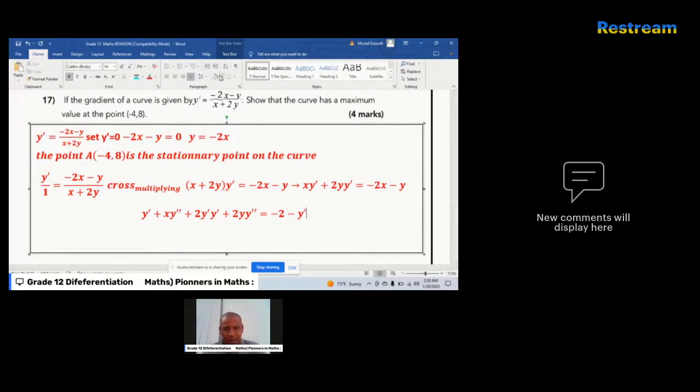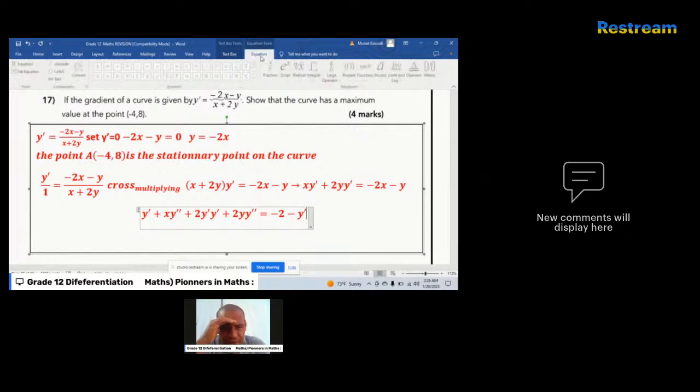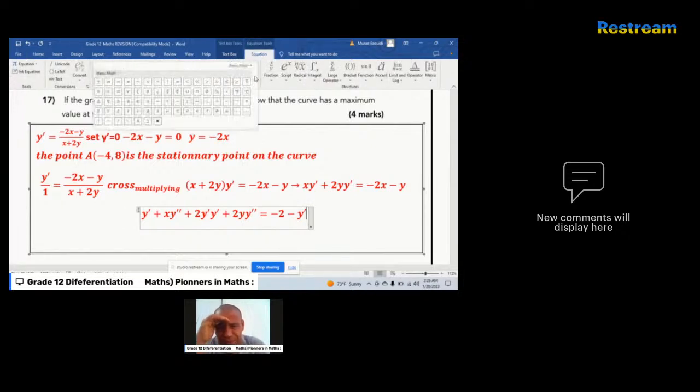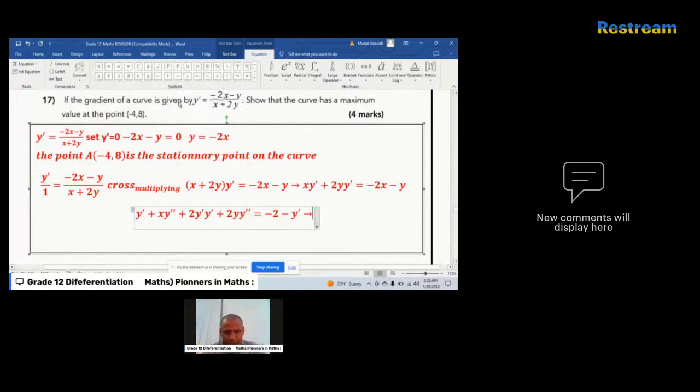Therefore, learners, I will put y double dash, the second derivative, in parentheses multiplied by x plus 2y.